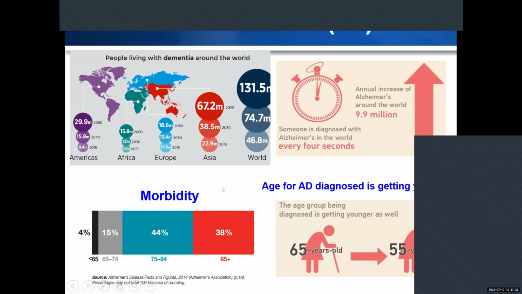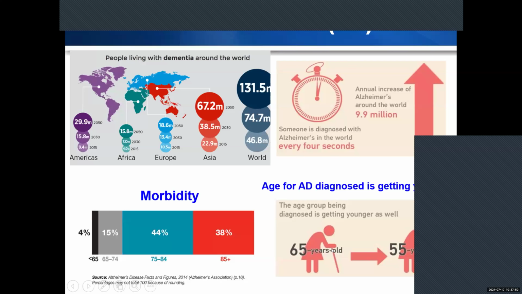So in the world, especially in America and in China, the aging population related to Alzheimer's disease is increasing dramatically. Also, some recent studies show that the diagnosis of Alzheimer's disease is getting younger.